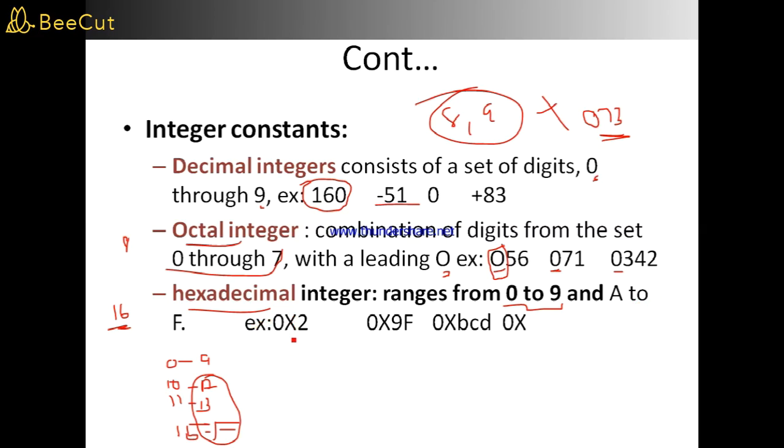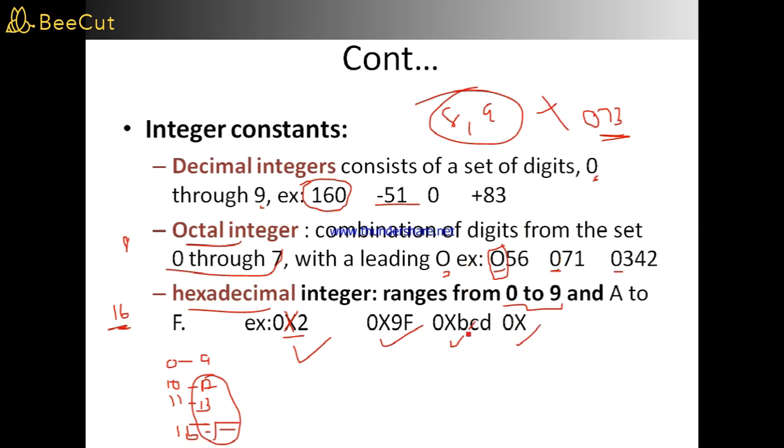Okay, look at this, 0x2. What does it mean? It means that if a number starts with x, it will be considered a hexadecimal number. Here also there is an x, there is an x here, there is an x. Fine. So all of these represent hexadecimal numbers.